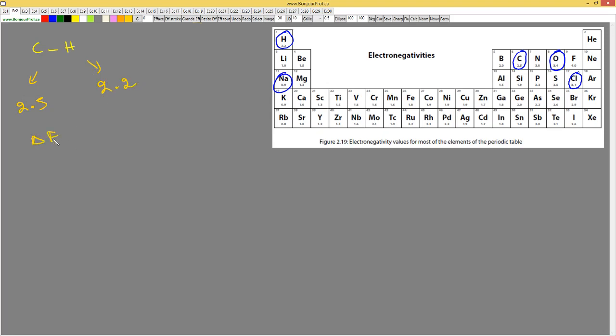What is the difference? 2.5 minus 2.2 gives us 0.3. So this bonding is roughly non-polar. It is slightly polar. We're going to write CH like that. Which one is more electronegative? It is carbon. So I'm going to have delta minus here and delta plus here.